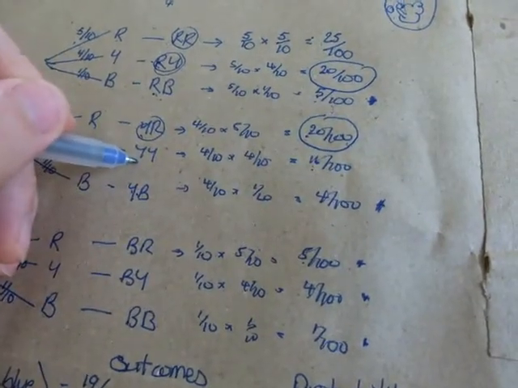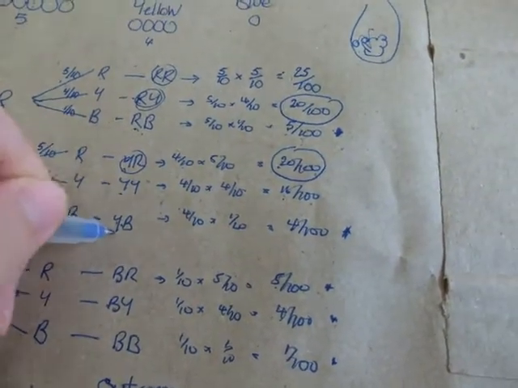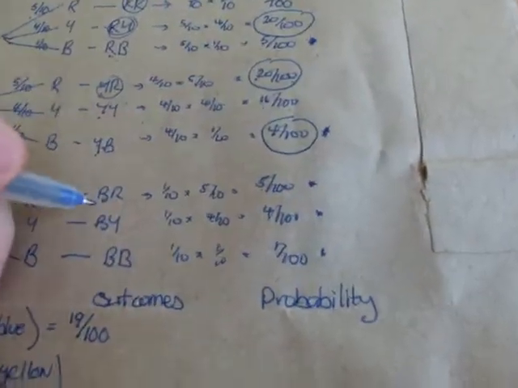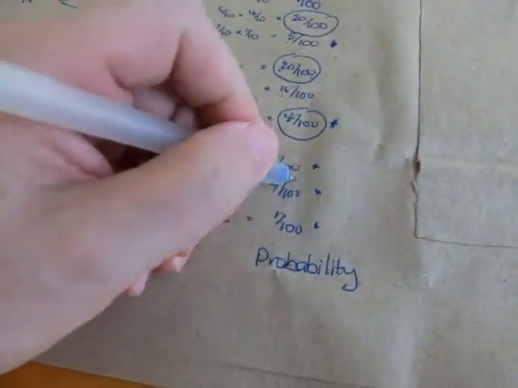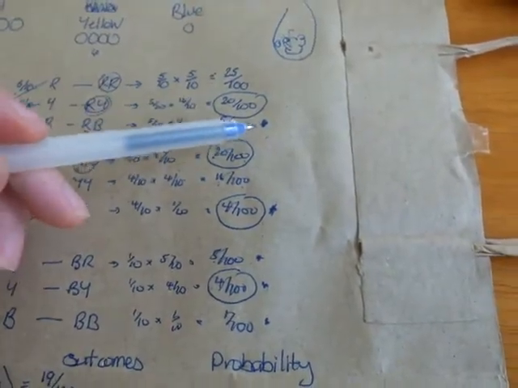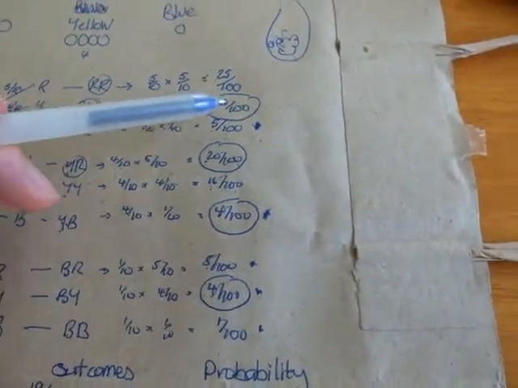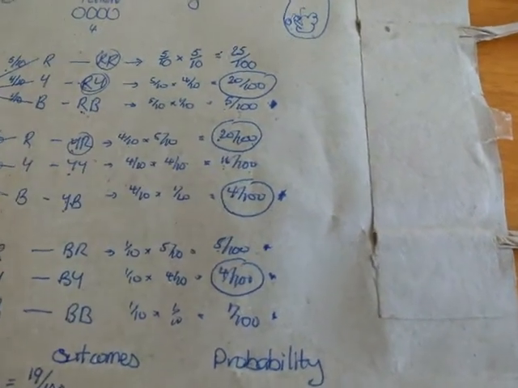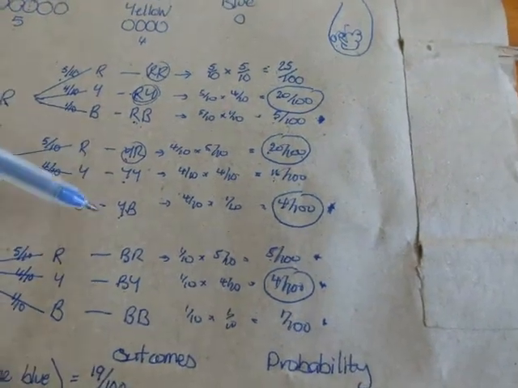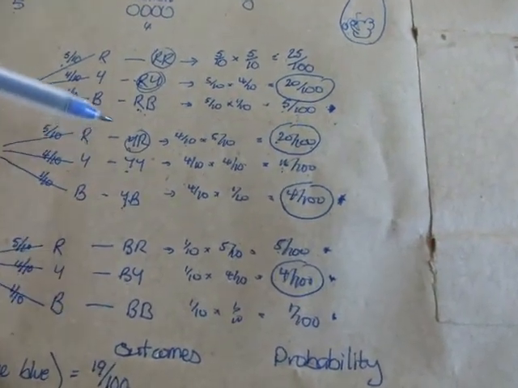That's two yellows, so I can't use that one. This one is one yellow. And this one is one yellow. Okay, so before I put a star next to them, this time I'm putting a circle around them so it's easy to see them. So there's 1, 2, 3, 4 spots where I have exactly one yellow.